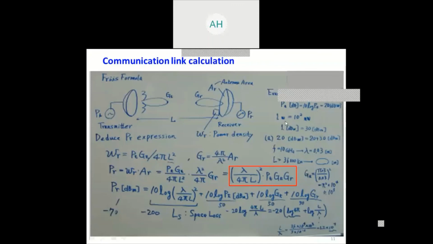So I can see here maybe some transmission power.